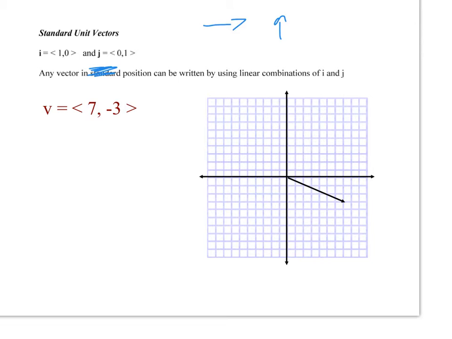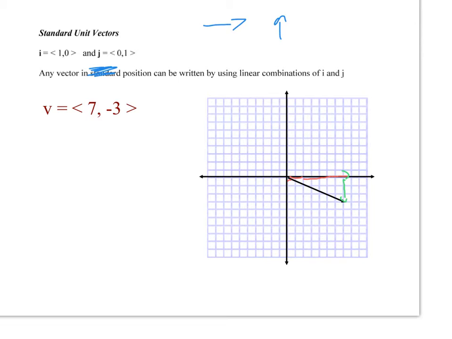So do we agree that vector 7, negative 3 is going to have 7 i's? So 1, 2, 3, 4, 5, 6, 7. 7 i's minus 3 j's. 1, 2, 3. So the resultant vector of 7i minus 3j is going to be that vector 7, negative 3.